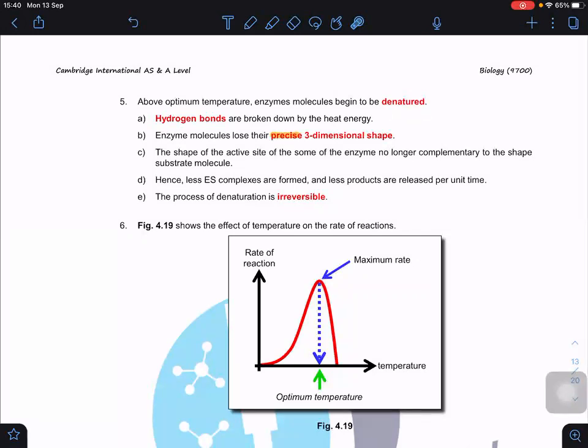The loss of shape in this case is just because of precision. It becomes a different three-dimensional shape, which cannot carry out the functions of the enzyme anymore. So the shape of the active site of the enzyme is no longer complementary to the shape of the substrate. Therefore, fewer ES complexes are formed, and the denaturation is irreversible.